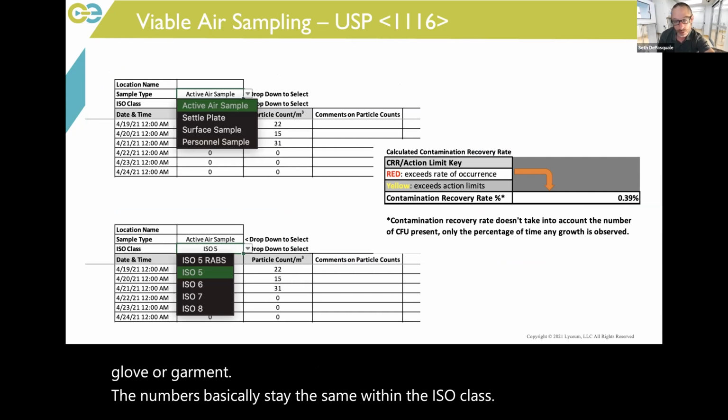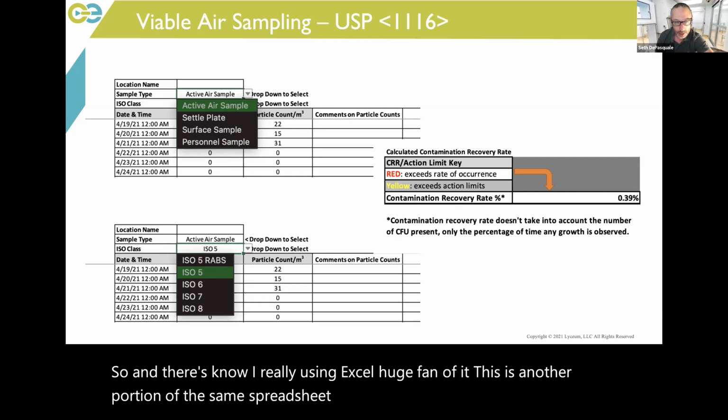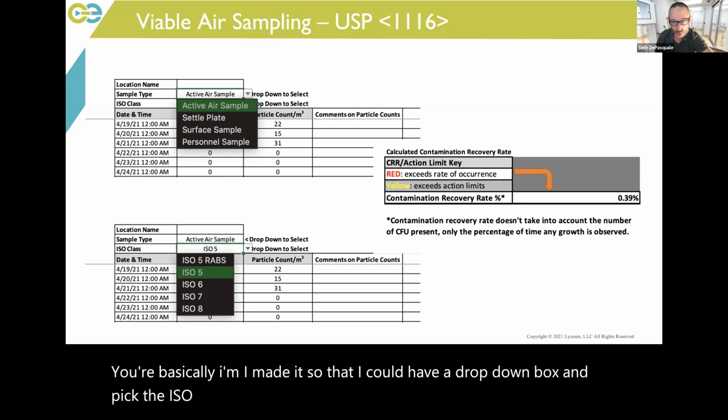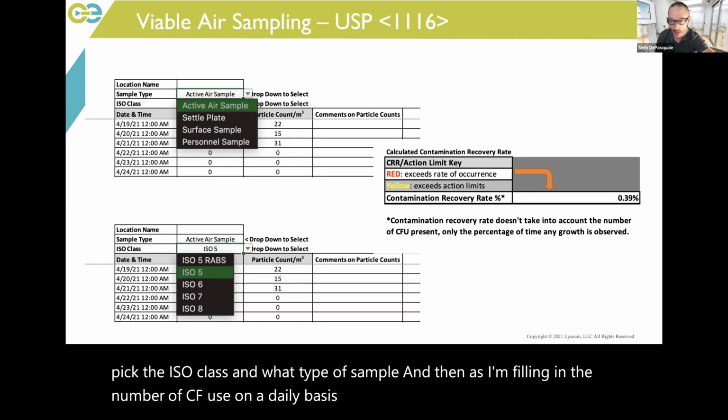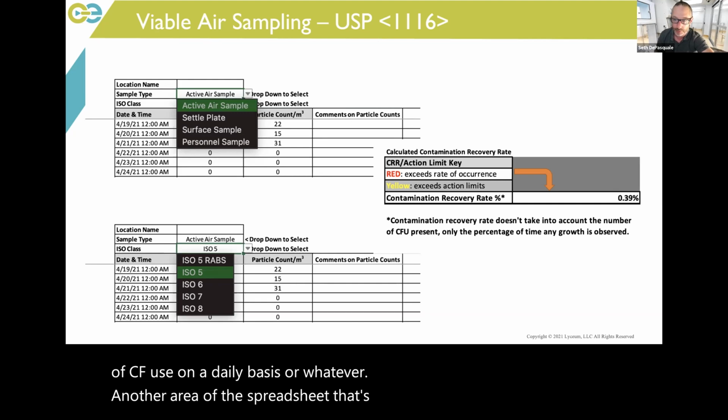I really like using Excel, a huge fan of it. This is another portion of the same spreadsheet that I showed you earlier. I made it so that I could have a drop down box and pick the ISO class and what type of sample. Then as I'm filling in the number of CFUs on a daily basis, another area of the spreadsheet is calculating the contamination recovery rate.